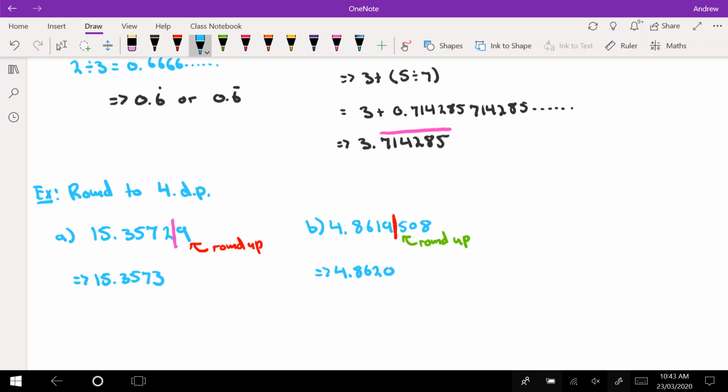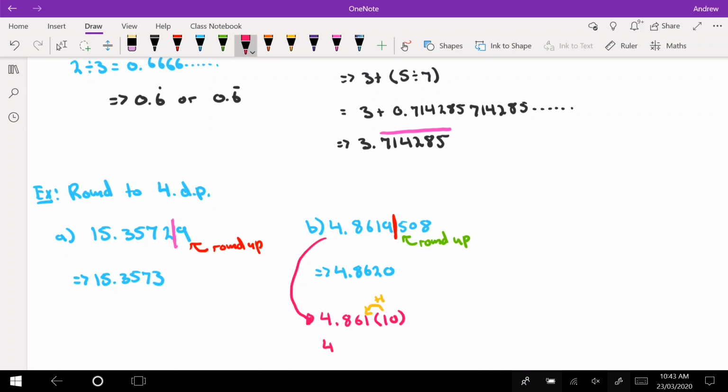Why 20? Okay? Exactly. So I'll just skip this a little bit. What this is actually doing is it does it like this. So it's 4.861. And then we've got a 10 because we round up 9 to 10. Well, obviously you can't have the number 10 because we need it as a single digit. So you give 1 to the next number.